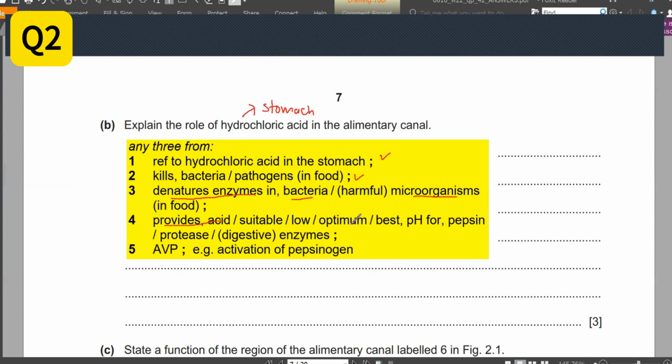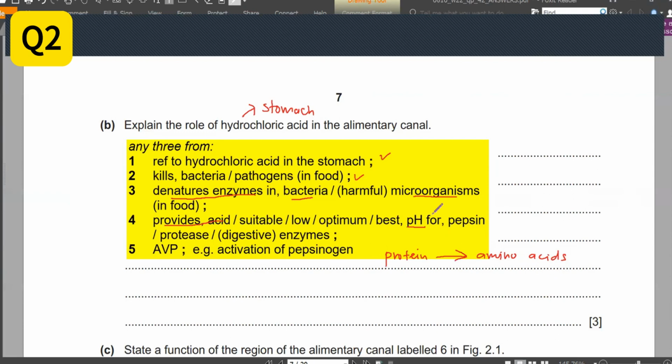It provides acid or a suitable pH for the enzyme reaction. We know that in the stomach we have protein digestion. Protein digests to form amino acids.